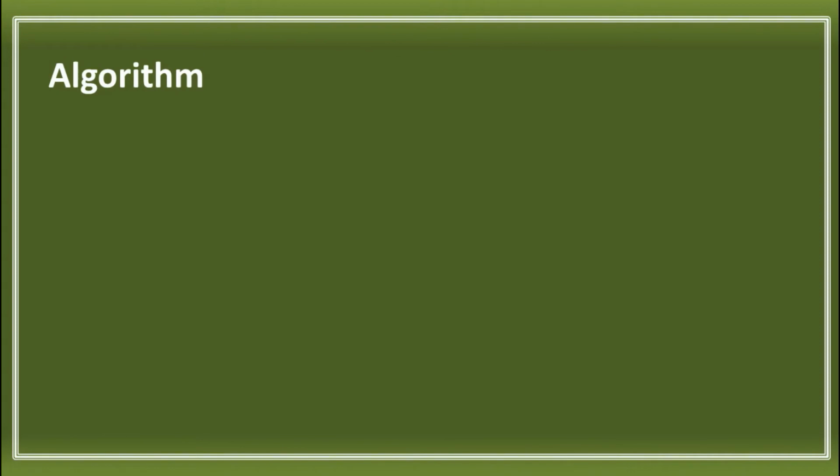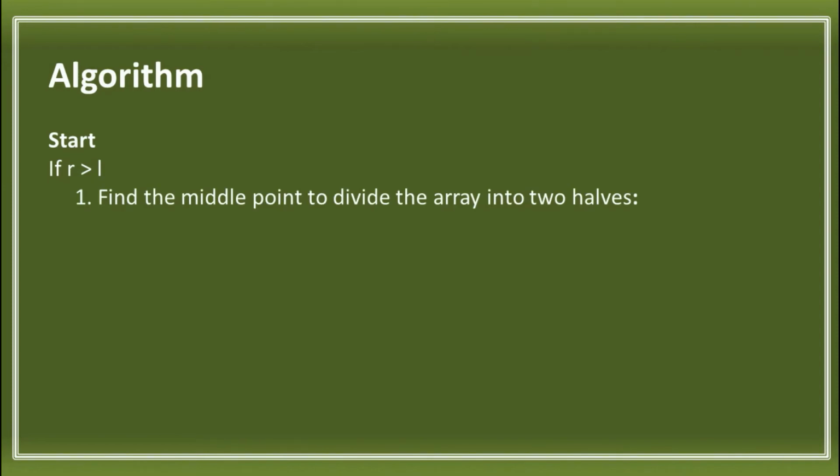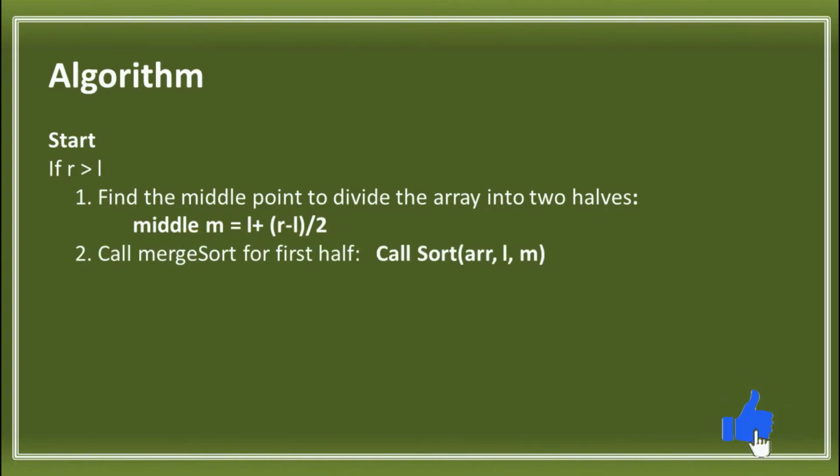So, we have these algorithms on how merge sort works. Okay, so we start with asking if the value of R is greater than L. So, yun yung ginawa natin kanina. Okay, so if yes, find the middle point. So, yung middle point natin kanina or the middle index, ito yung equation na ginamit natin. Then after that, i-call na natin yung merge sort para i-merge and i-sort niya yung first half.